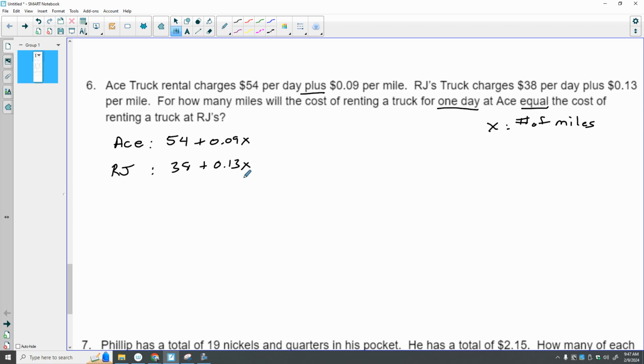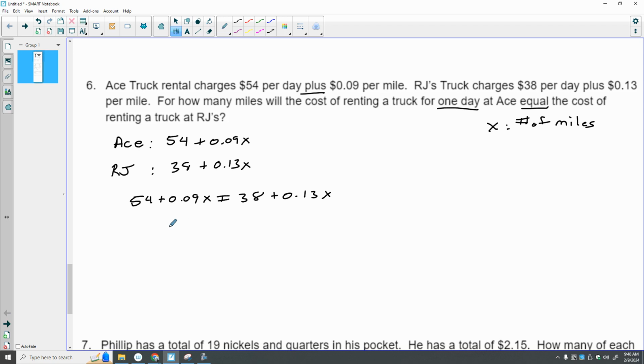So I want to take 54 plus 0.09x and set that equal to 38 plus 13 cents per mile. Cost at Ace, cost at RJ's, when will they be equal?